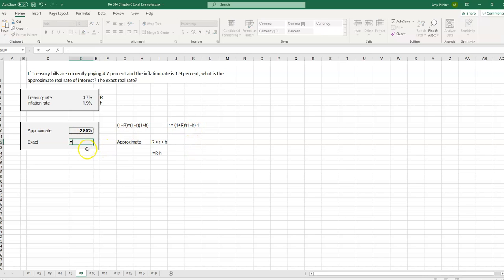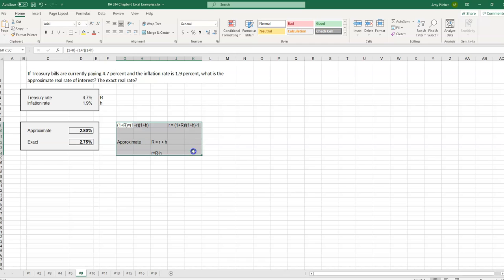That's solving for the real interest rate. So we have 1 plus the nominal rate, or treasury rate, divided by 1 plus the inflation rate, minus 1, gives us the exact rate.